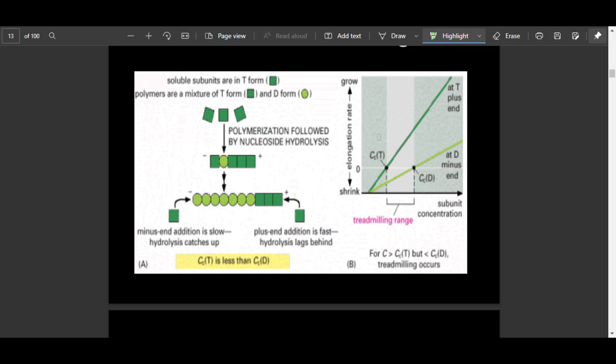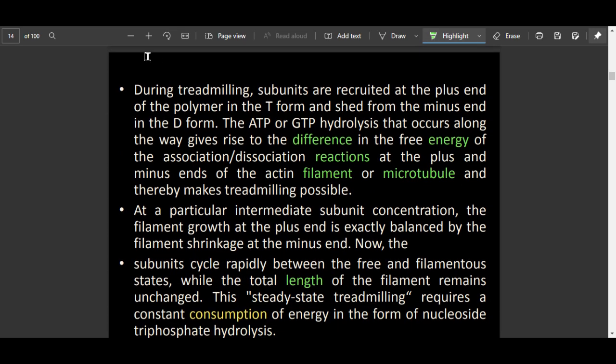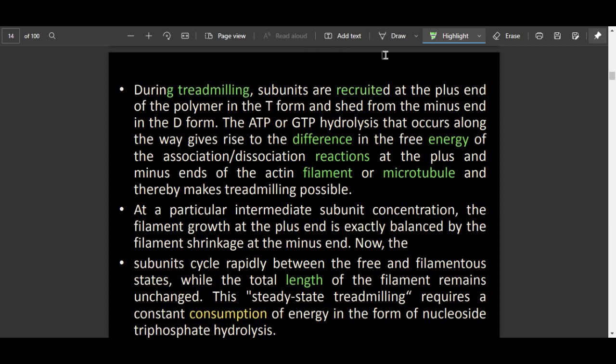Here the graph shows growth and shrinkage, the T form and the D form, and there is a difference between the T form and D form, addition or removal, and the borderline is treadmilling. During treadmilling, subunits are recruited at the plus end of the polymer in the T form, and shed from the minus end in the D form.